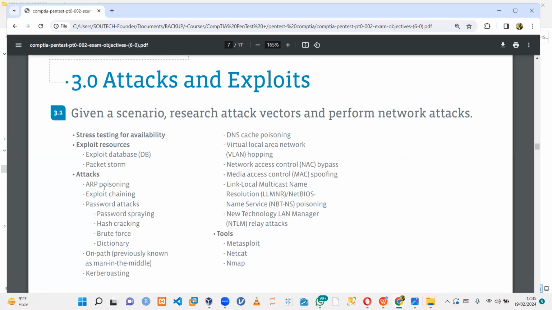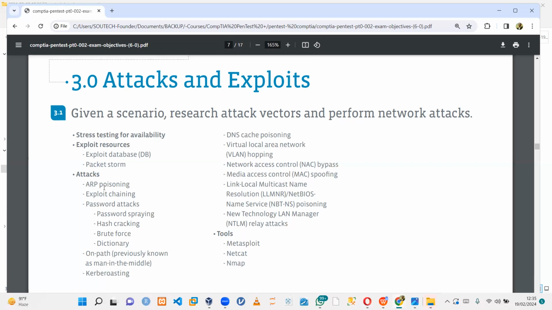The attacks. So we have different types of attacks. For a pen tester, for any kind of target that you are given, you should understand which kind of attack is possible. Or if you're given a platform, you should know what type of attack that platform is going to be susceptible to.